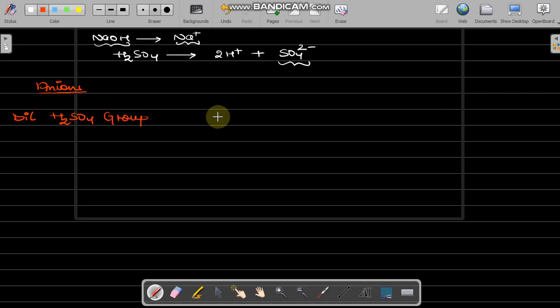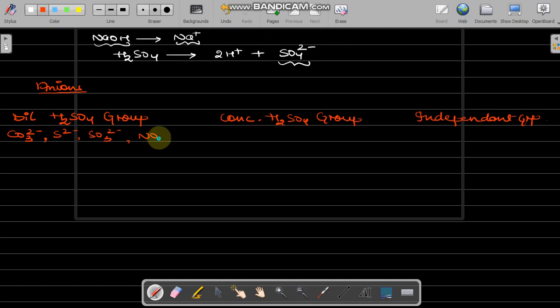That is the dilute H2SO4 group, the concentrated H2SO4 group, and the independent group. Your dilute H2SO4 group contains CO3 2-, SO3 2-, and NO2-.